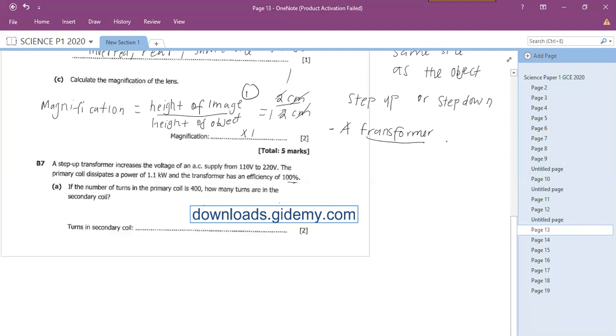So a transformer is a device used to vary the voltage of an AC power supply. So not a DC power supply, but an AC power supply.